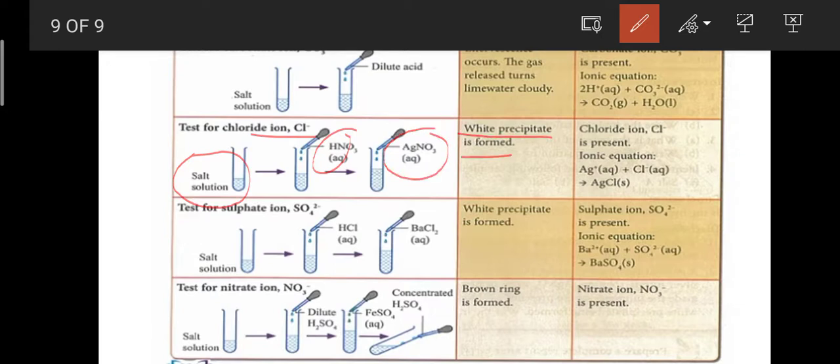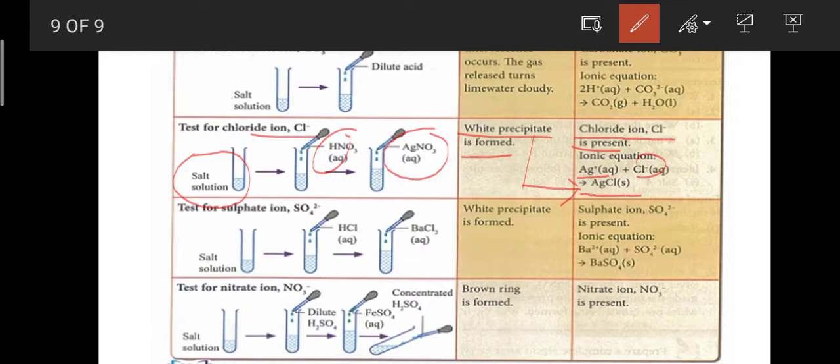White precipitate is formed. So, chloride ion is present. The ionic equation is silver ion plus chloride ion forms silver chloride solid. It means that the white precipitate is silver chloride.